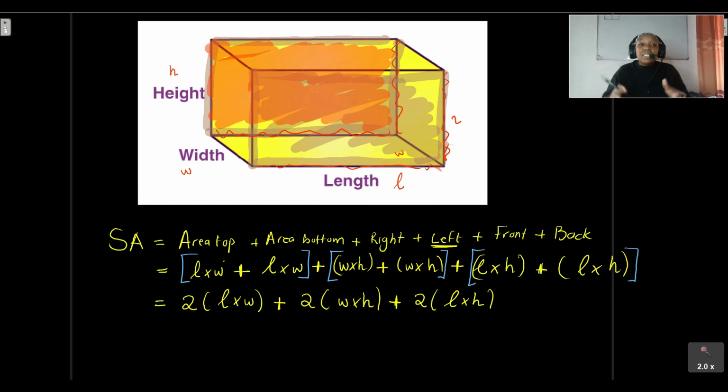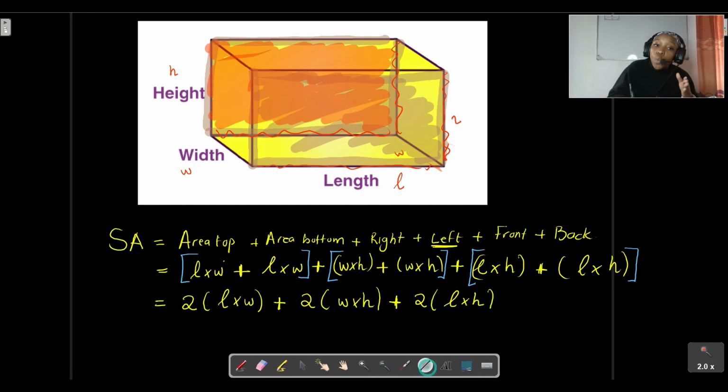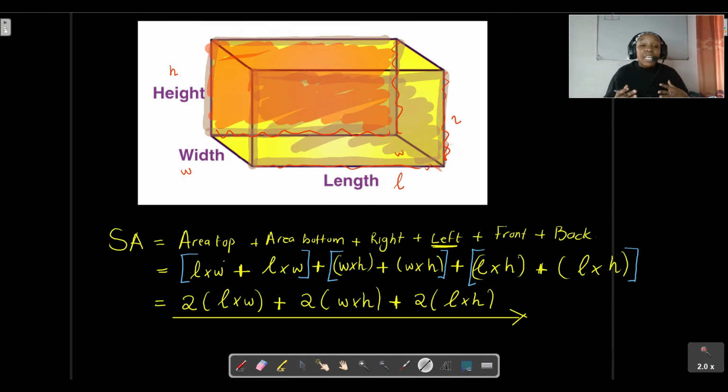Because those faces are rectangular, we already know that the area of a rectangle is just length multiplied by breadth. So it's just you having to determine, from whatever face you're looking at, what the length and what the breadth is. I hope I didn't lose anyone there. So that is how we derive the formula that we use when calculating the surface area of a rectangular prism. Let's just put this into practice.